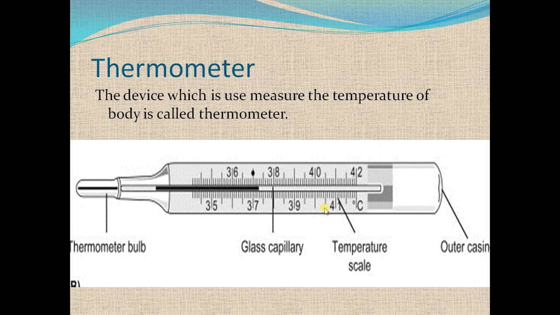When the bulb is held close to the body whose temperature is to be checked, the liquid in the capillary tube expands and indicates the temperature on the scale. So this was the structure of a typical thermometer.